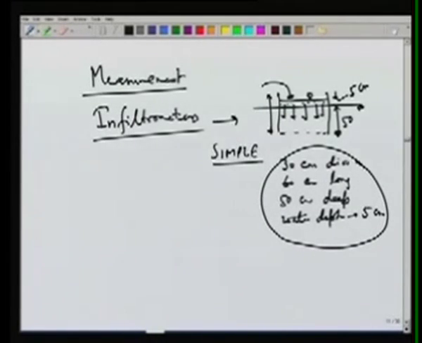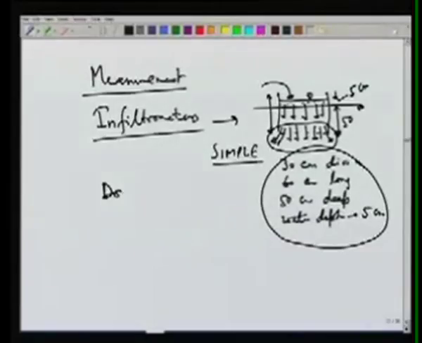The problem with this ring is that near the edges the flow is not vertical. So the area of the ring will not represent the area of the flow typically because of this behavior. So there is a modification in the simple infiltrometer, and sometimes we use what is known as double ring infiltrometers. In double ring, we have an inner ring and an outer ring.